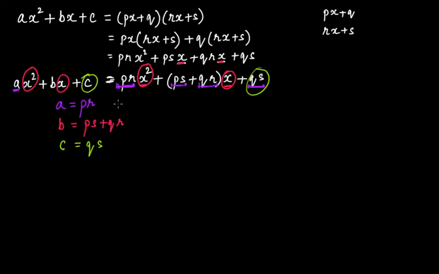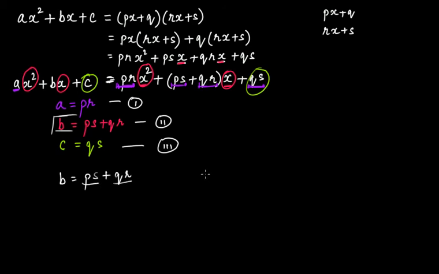Now let's number this. This is 1, this is 2, and this is 3. It means that if we take this 2, the middle term b can be expressed as the addition of two numbers, that is b is equal to ps plus qr, right? Where the addition of these two numbers is equal to b, and if you multiply these two numbers, that is ps multiplied by qr, let's rearrange it and I'll show you why we are rearranging it.